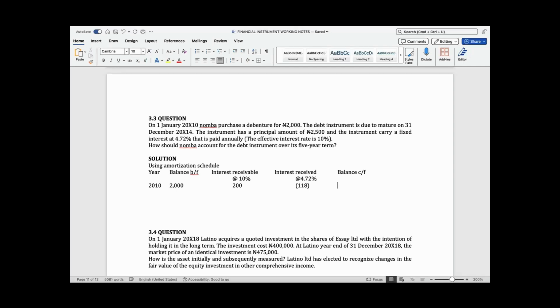So what's the balancing figure? Please, how did you get the 118? 4.72% times 2,500, the principal amount. The balancing figure is 2,082.